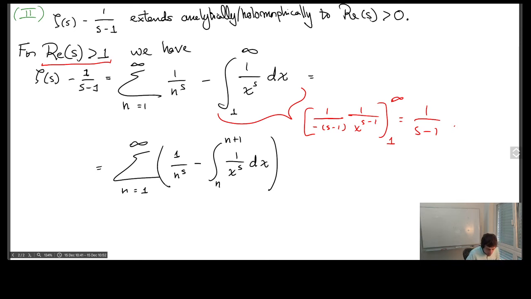Now let's show that this converges absolutely. Let's move the 1 over n to the s inside the integral, to make things a little bit nicer.